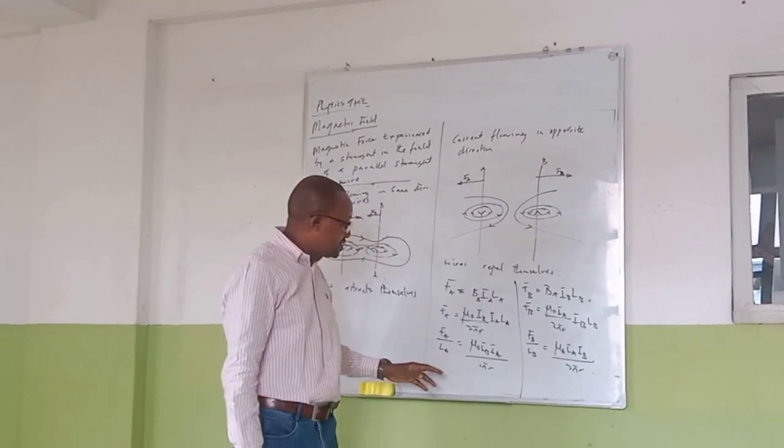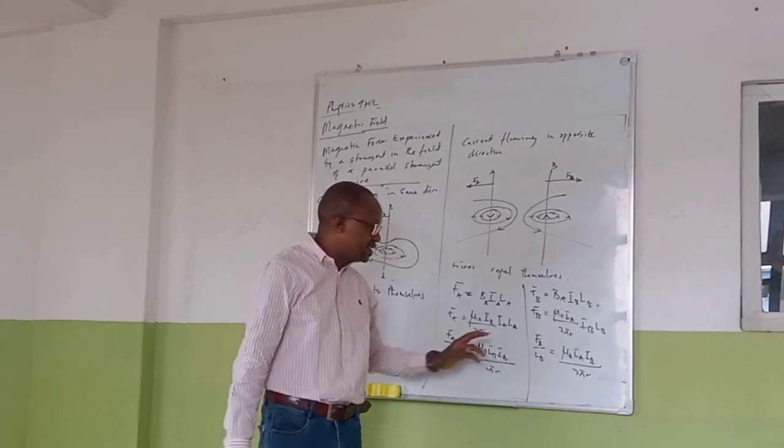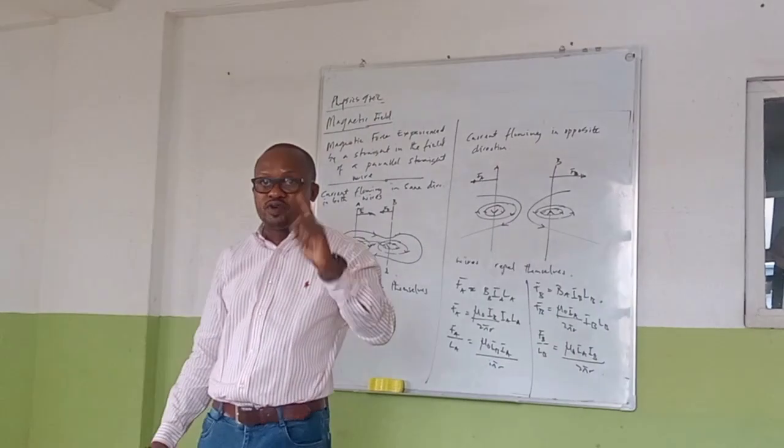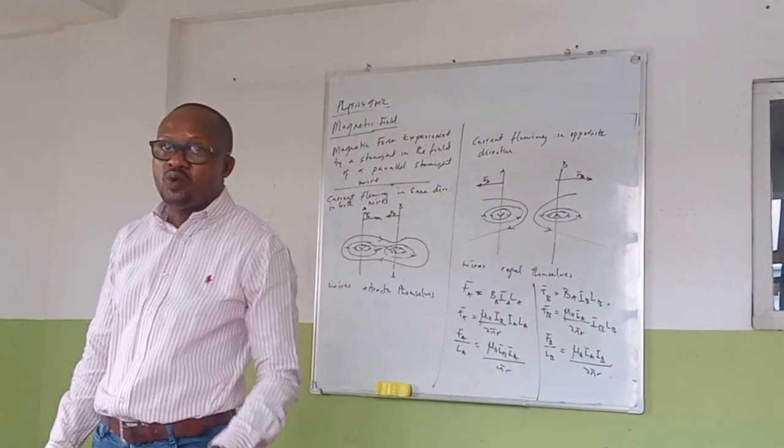So you see that the magnetic force per unit length on both wires is the same because it is proportional to the product of the currents in the two wires.